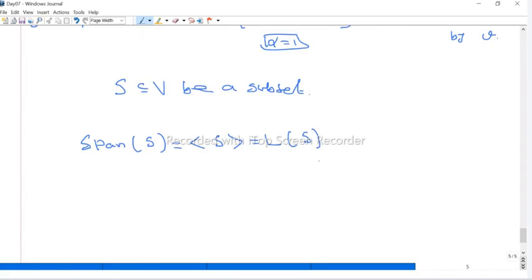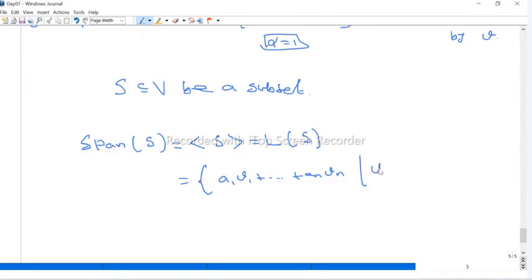So this is nothing but all linear combinations of elements of S, that is the set of all a1 v1 plus etc. plus an vn. All possible, because we don't know how many elements there are in S. If you take 2 elements, 3 elements, all possible linear combinations of elements of S.